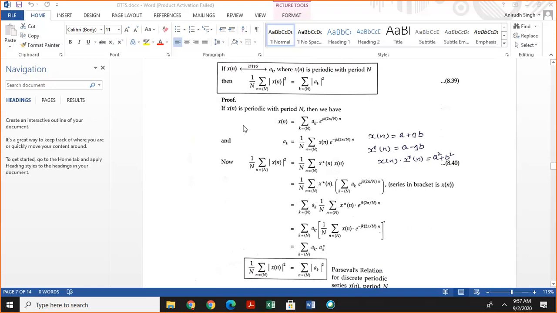Then the proof of Parseval's relation. x of n is given by summation a_k exponential jk omega n, and a_k is given by 1 by N summation x of n exponential minus jk omega n.